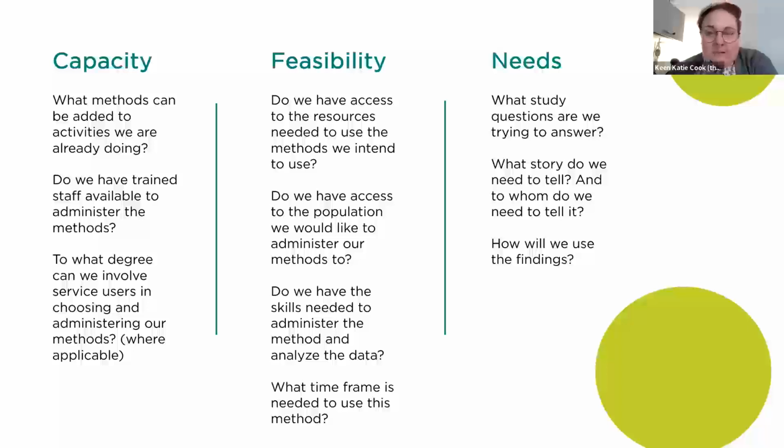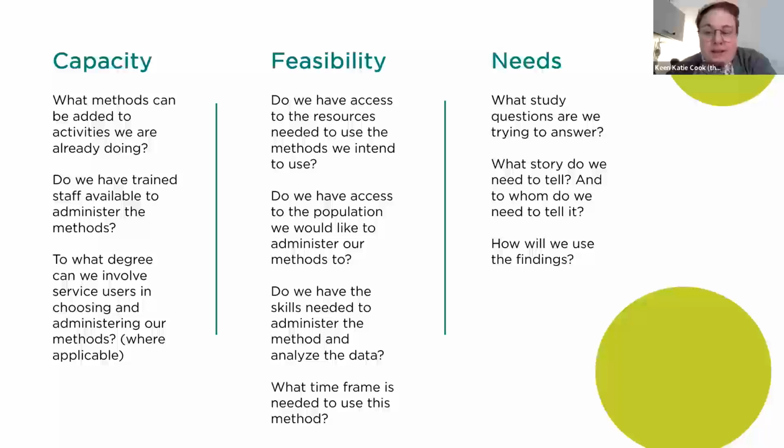A second capacity-related question we need to ask is, do we have the trained staff available to administer the methods we want to use for our evaluation? Different kinds of research tools require different skills to administer.